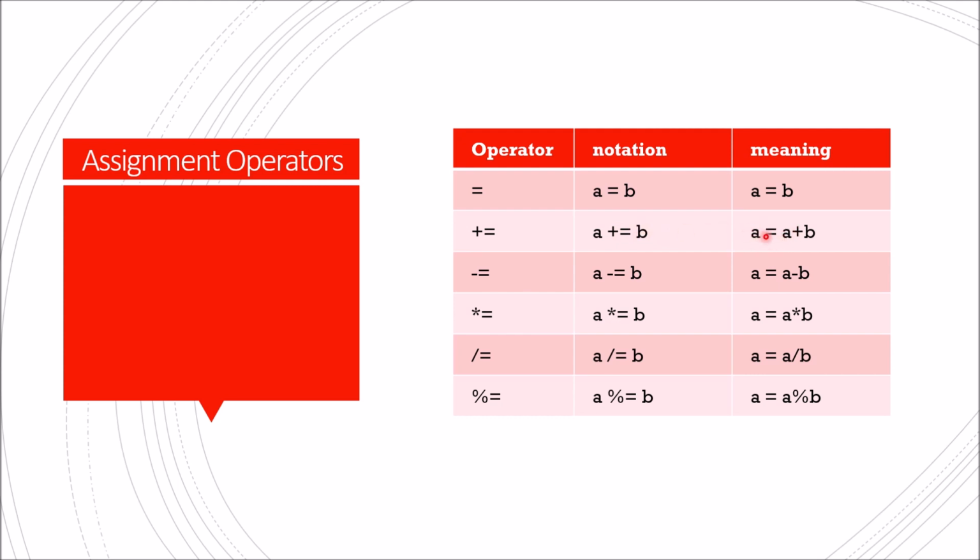You are not repeating this first operand because you are performing this operation a plus b but are storing the result in the first operator. That's why you don't repeat this first operator here, but actually kind of erase it and place this plus sign here in the other side of the equal sign.